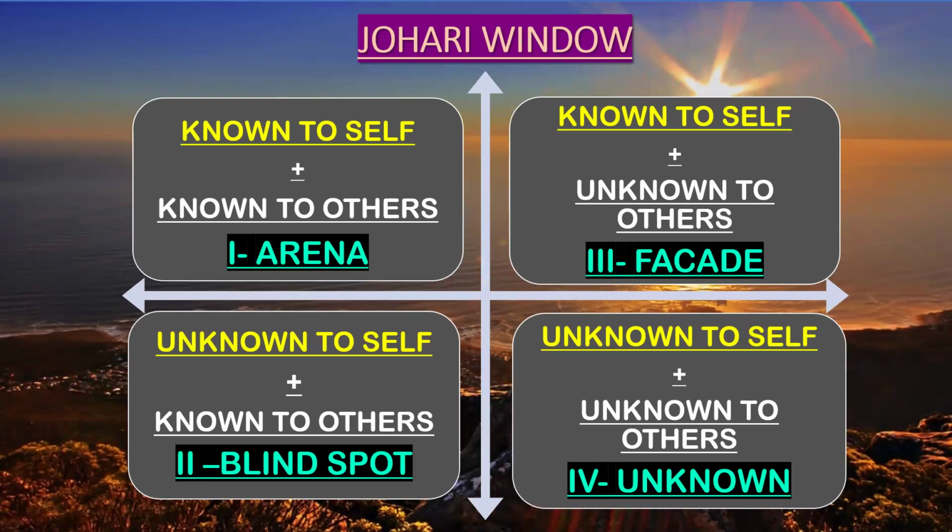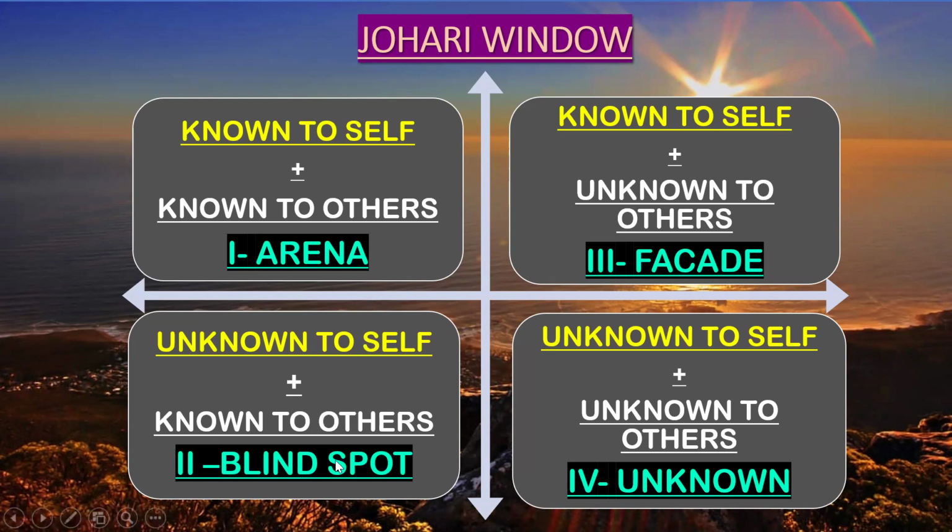The Johari window, therefore, friends, is a matrix, you may say. It makes four corners or quadrants. Number one is the arena, in which it is known to self and known to others. Both the parties know, they agree. There's no conflict.